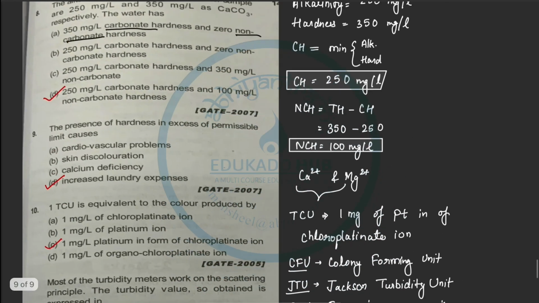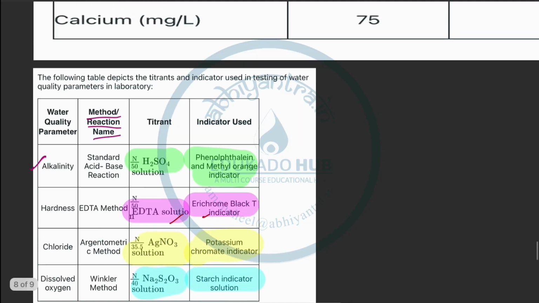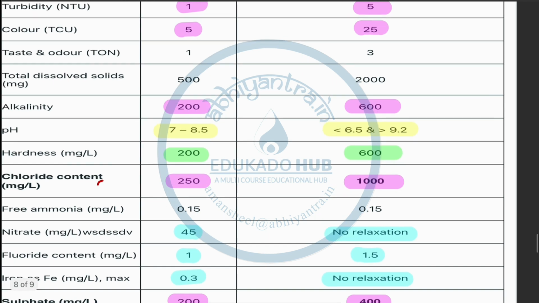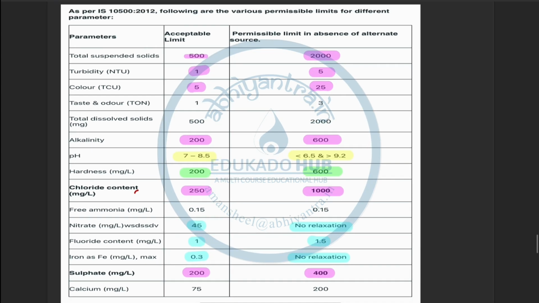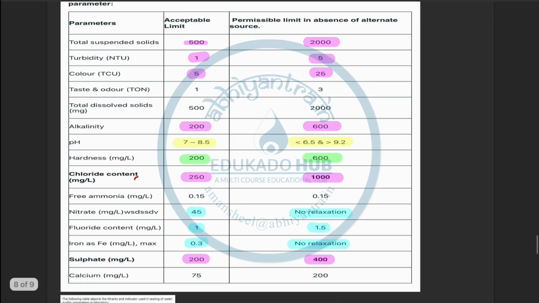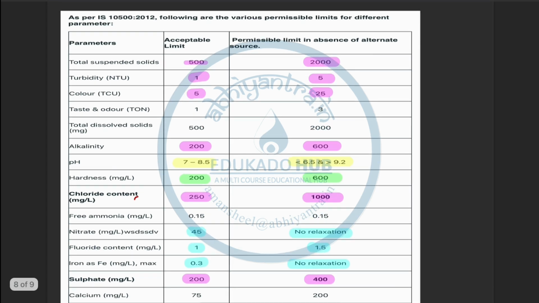I have discussed in previous lectures about the specific parameters of water and their acceptable limit and permissible limit in absence of any other alternate source.